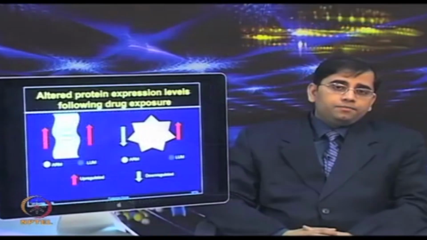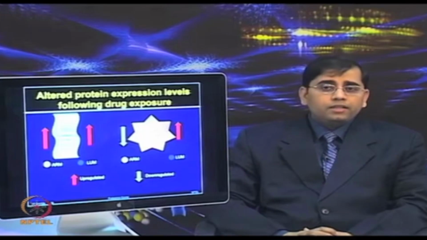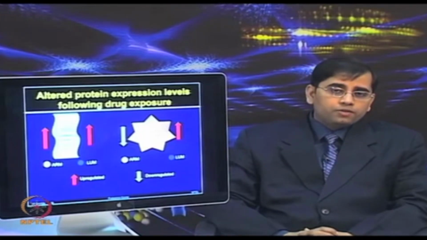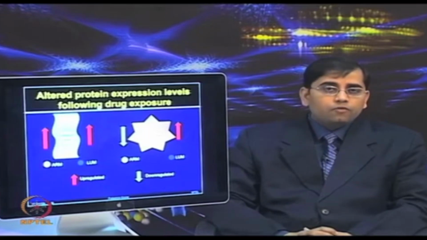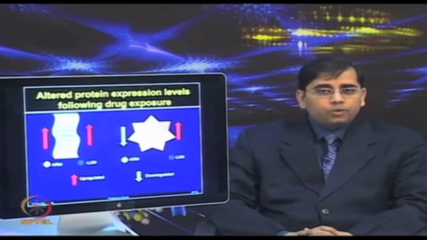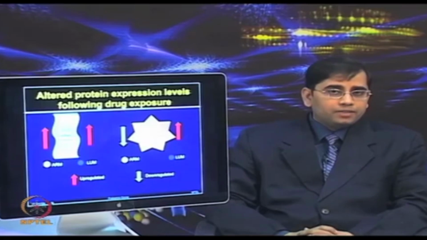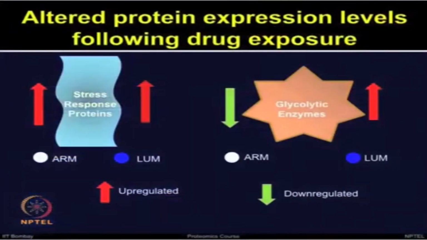Interestingly, the ARM treatment resulted in more than threefold down regulation of the glycolytic enzymes such as enolase, phosphoglycerate kinase, fructose bisphosphate aldolase and glyceraldehyde 3-phosphate dehydrogenase. The expression of the same enzymes was also upregulated more than threefold due to the lumefantrine treatment.